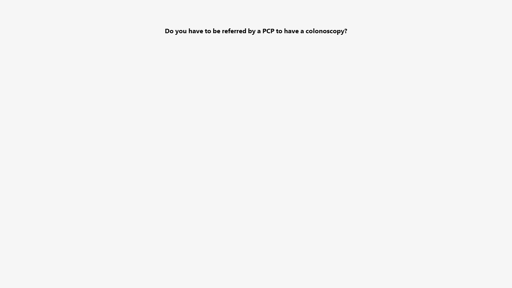Next question. Does colorectal cancer show up in a blood test? It does not. The common test that we do after you have colon cancer is called a CEA level. CEA is a protein that can be secreted from the colon cancer cells, but it can also be secreted from other cells, and we use it to monitor for recurrence, but not as an index.